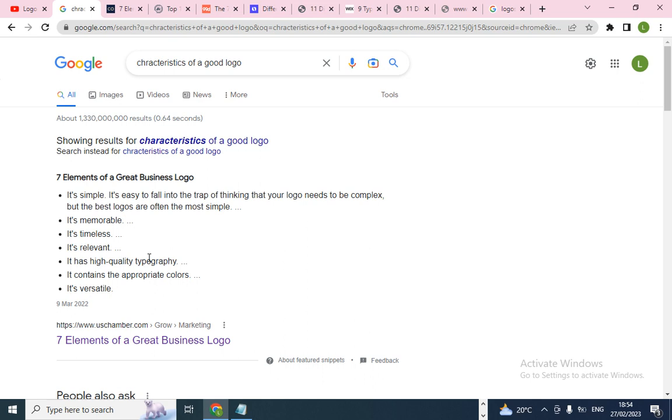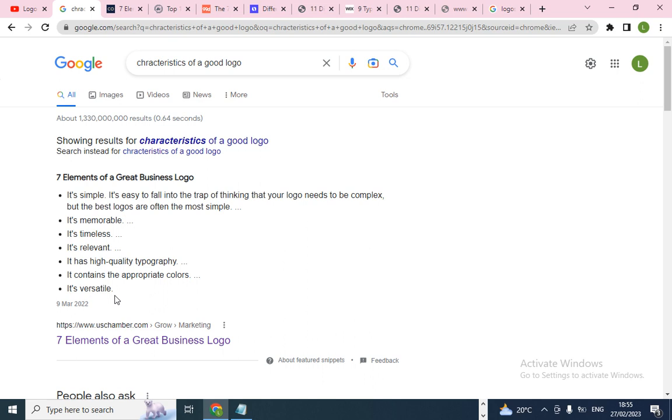Then the last one is that it's versatile. The logo should be versatile, meaning if I want to print that logo on a t-shirt, it should be able to go there. If I want to print it on a pen, it should be able to go there. It should be able to be put on different mediums. That is when we say the logo is versatile.